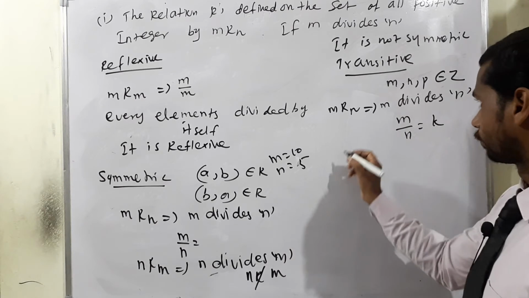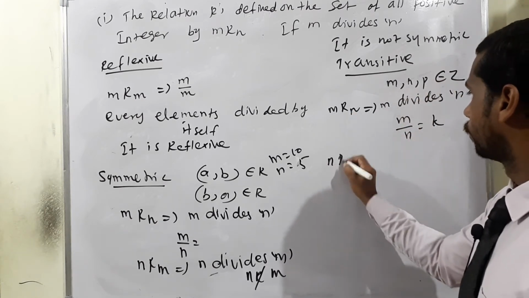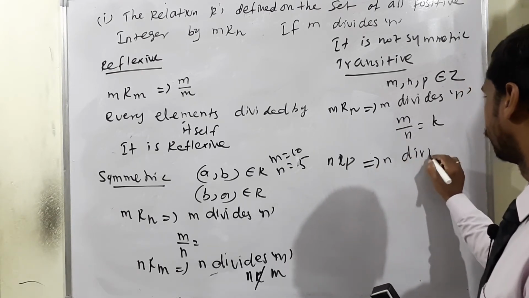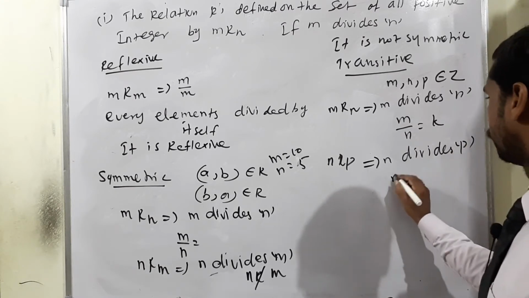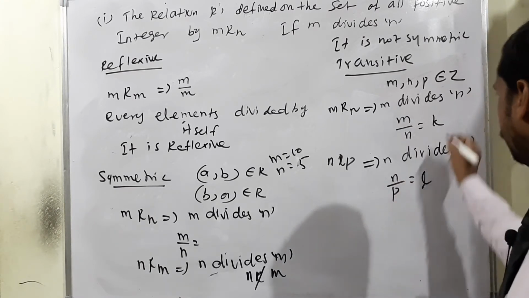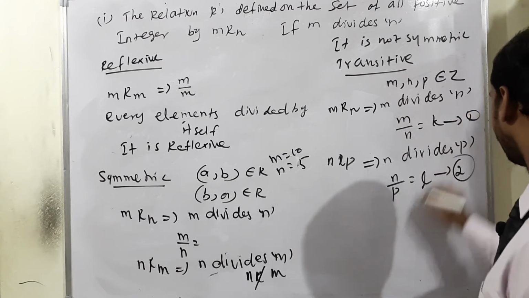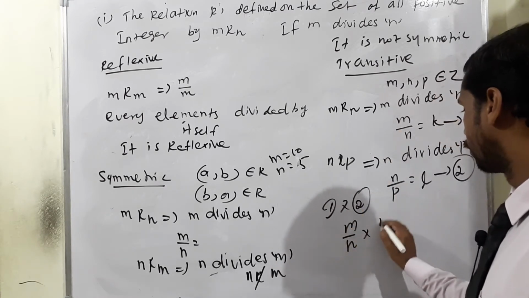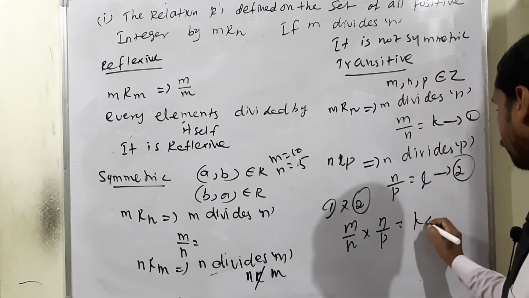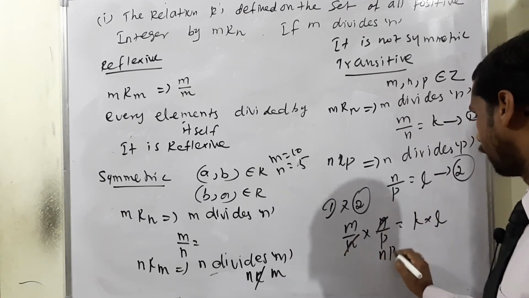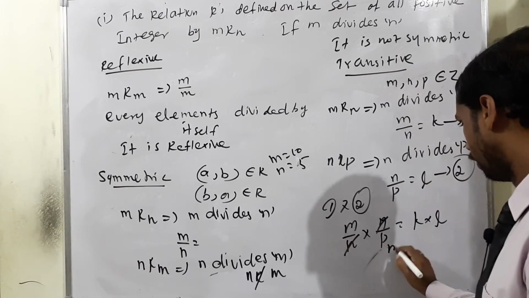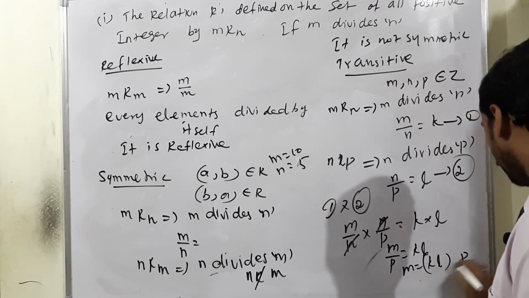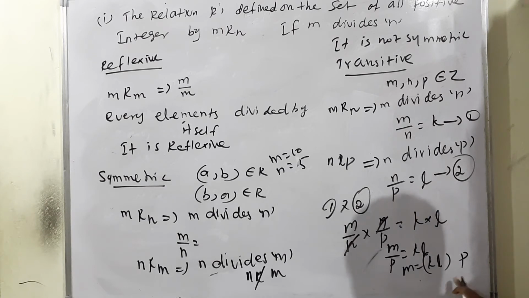Next condition, n related to p means n divides p, so n by p is another constant, L. Then m divided by n into n divided by p is k into L. Therefore n cancels, so m divided by p is equal to k into L. Therefore m is equal to k L into p.